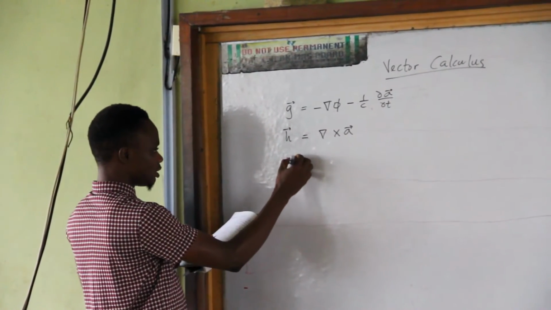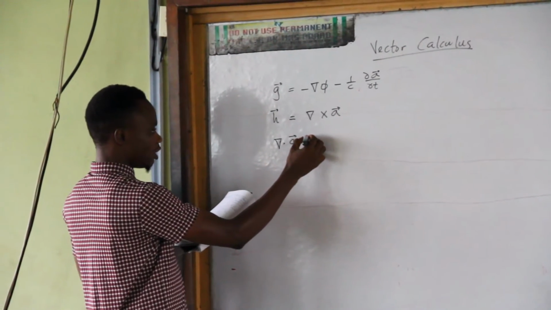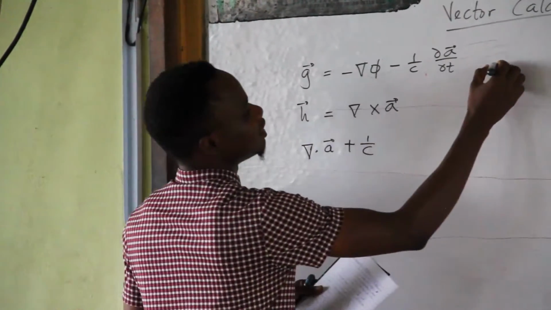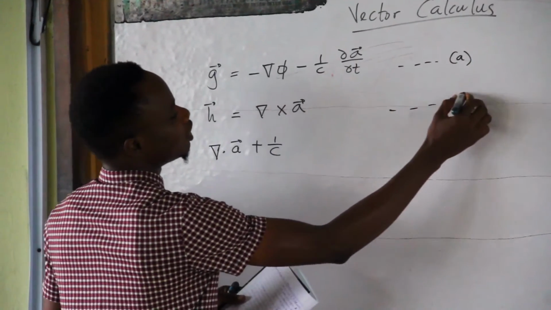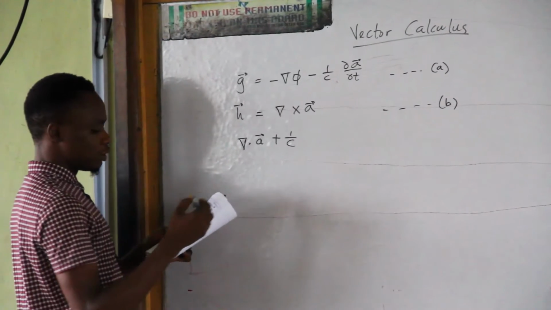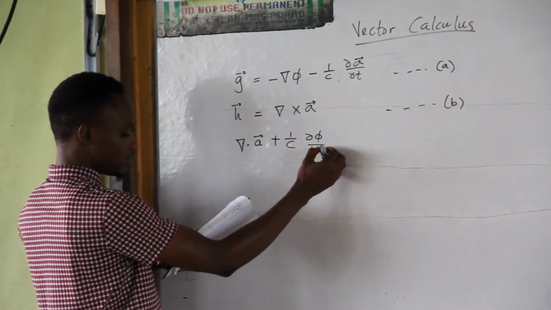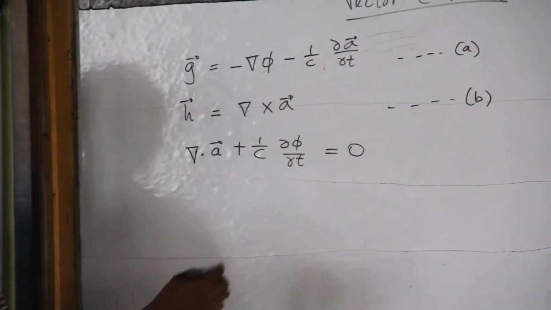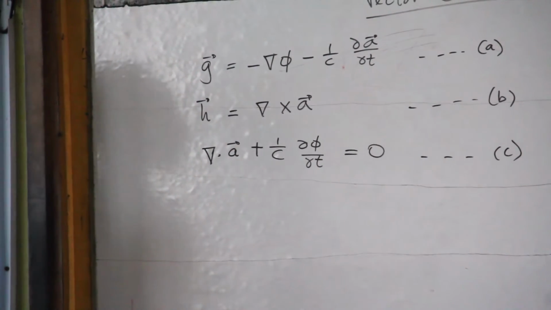So we want to have nabla dot A to be plus 1 over C. That's the first condition. So I can say this is equation A. This one is equation B. Nabla dot A plus 1 over C del phi del T equal to 0. So I can call this equation C. This is one of the conditions that are already satisfied.